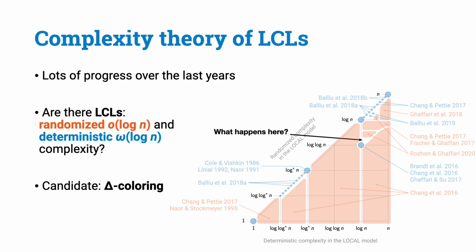For this reason, researchers really try to understand the complexity of this problem. So this is where the journey actually started. Some people conjectured that this unknown complexity region is actually empty, and that would imply that for delta coloring, there must exist an algorithm that is faster than the currently best known one.